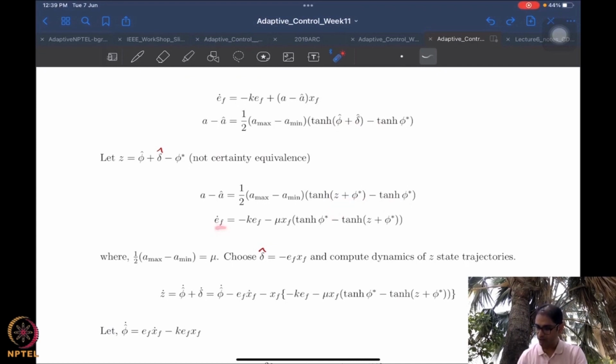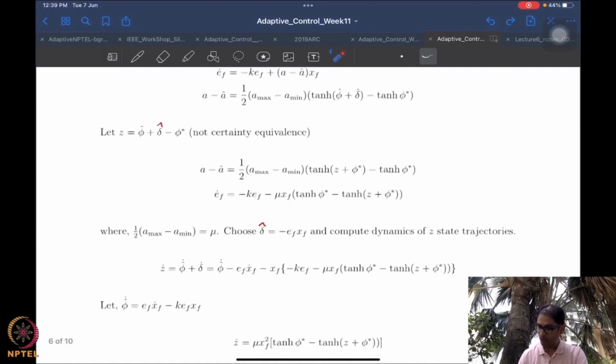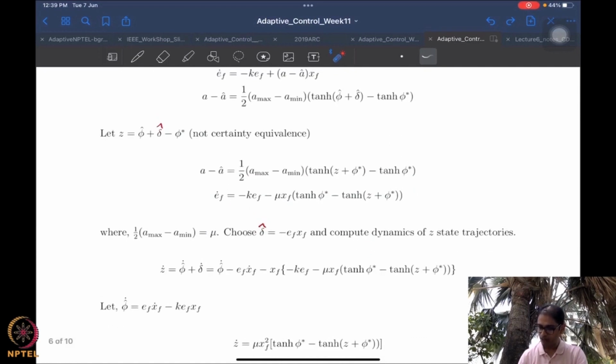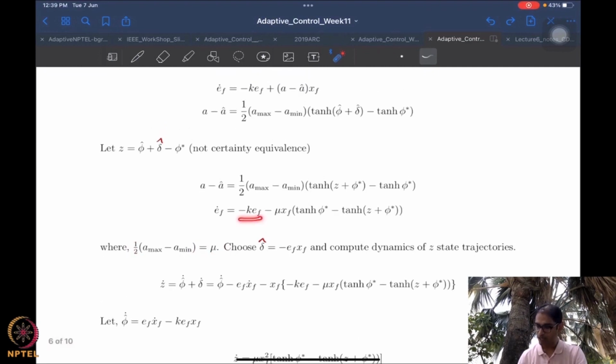We get EF dot is minus AEF plus this whole thing. We have simply used a shorthand notation for this half A max minus A min, and call it mu. So what we have is minus AEF minus mu XF times this thing. We've just flipped the sign, not a big deal.